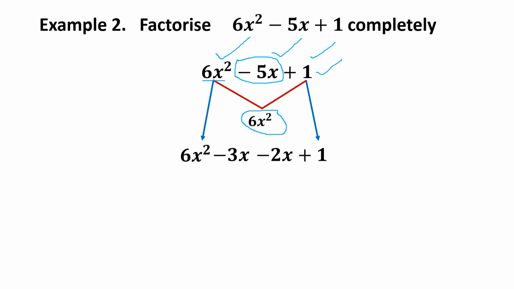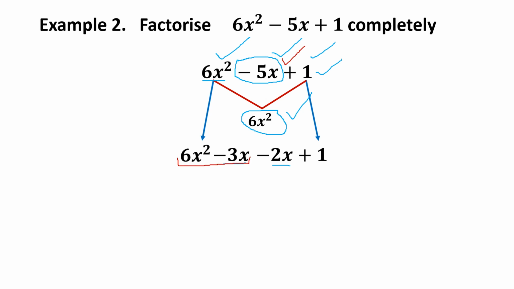Right, if we multiply minus 2x and minus 3x, we will definitely get 6x squared. At the same time, if we add minus 3x and minus 2x, we will definitely get minus 5x.